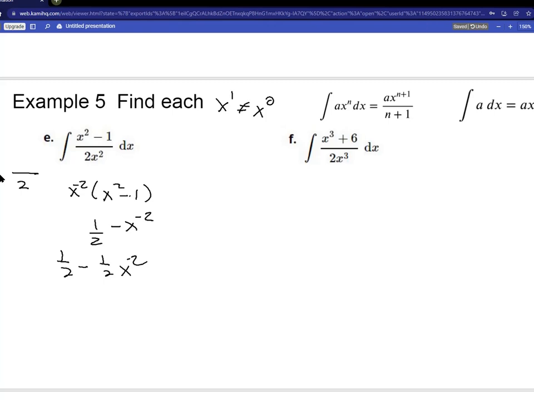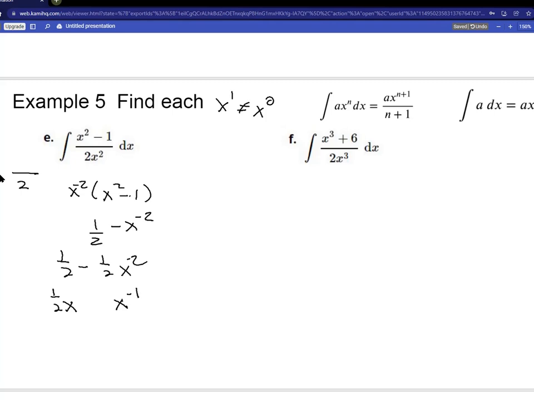And see, now that I got it situated, I can go ahead and do my thing. So what's this going to become? That'll become 1/2 x. And then I'm going to write this x. I'm going to do what to this exponent? You add 1. So it's going to become negative 1.